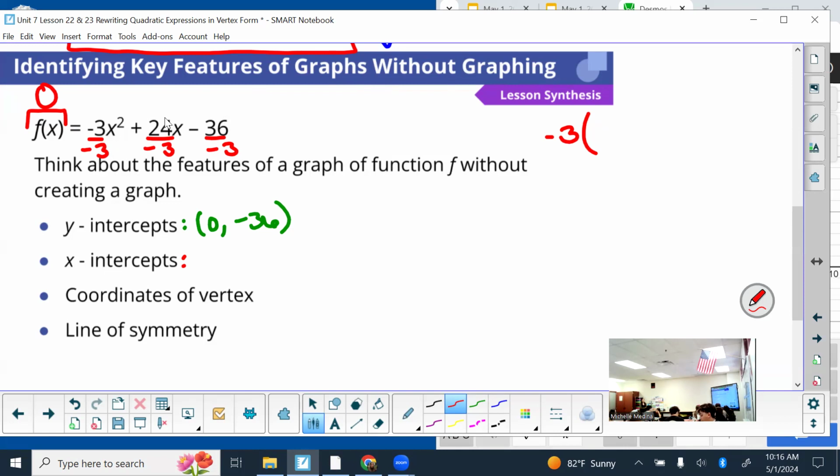All right, so divide each term by your GCF. I get x squared. What's 24x divided by -3? -8x. What's -36 divided by -3? Definitely becomes a positive.